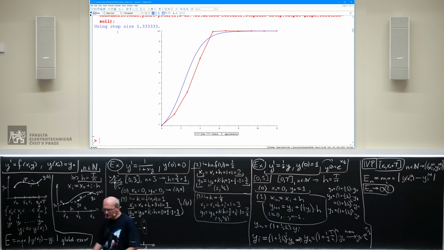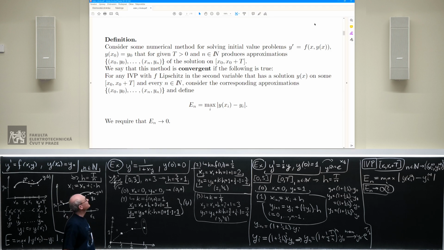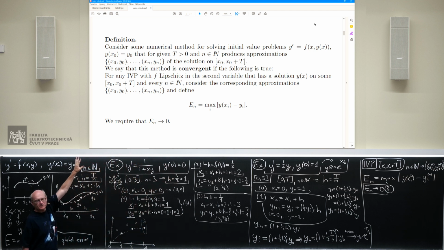So let's have a look at our first definition. We have a numerical method, not just the Euler one. This is now a general setup. We have a numerical method for solving initial value problems. It works by producing sequences of points.